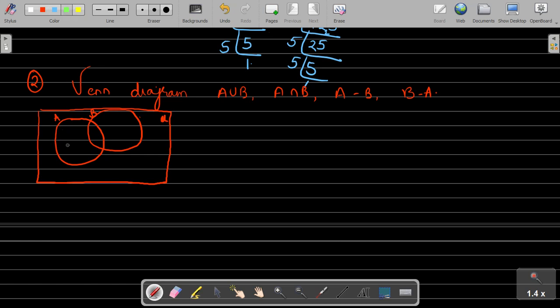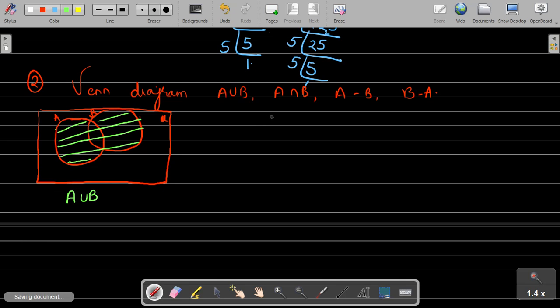So when you want to represent A union B, this entire portion represents A union B, the complete portion from here to here. You need to shade entire circles. You should not move out of the circle, within the circle you have to be.